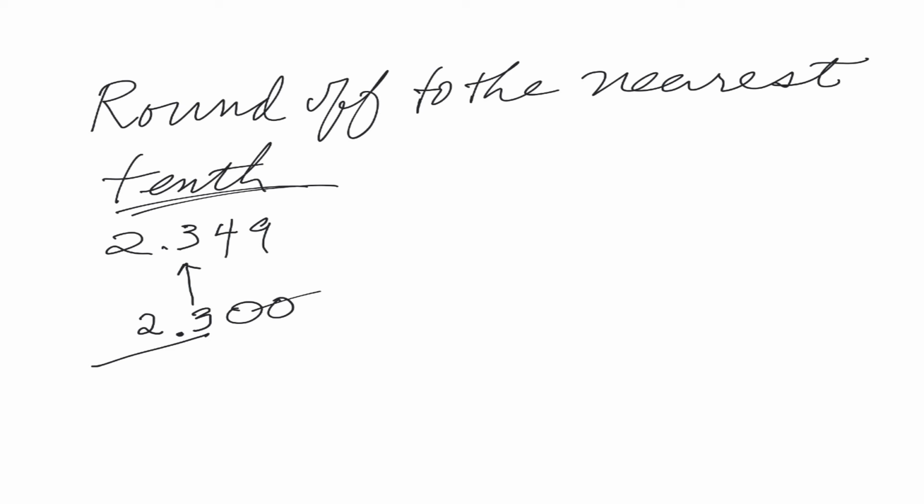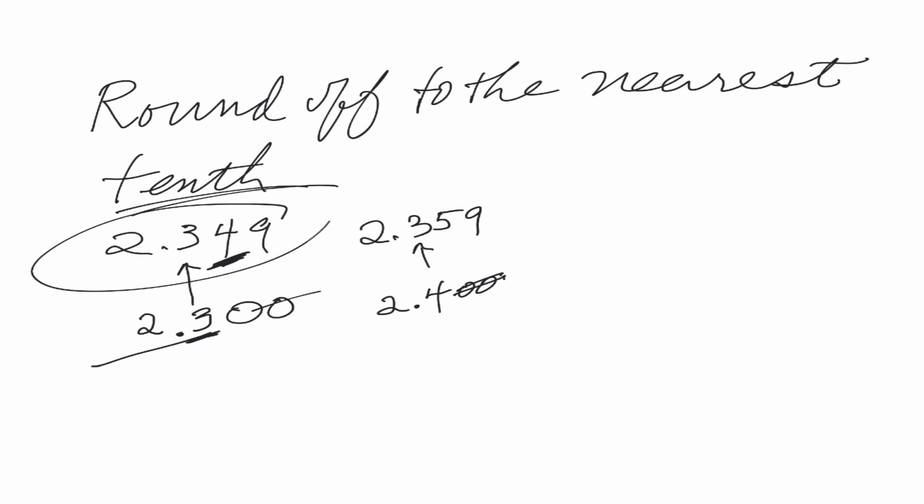Yes, the test is, of course, the next number. If the next number is less than 5, then the 3 stays the way it is. If the next number had been 5, okay, then this number 3 will have to go up 1 to 4. And of course the rest is still 0, which you don't have to write. So the nearest tenth for this is this. The nearest tenth for this is this.